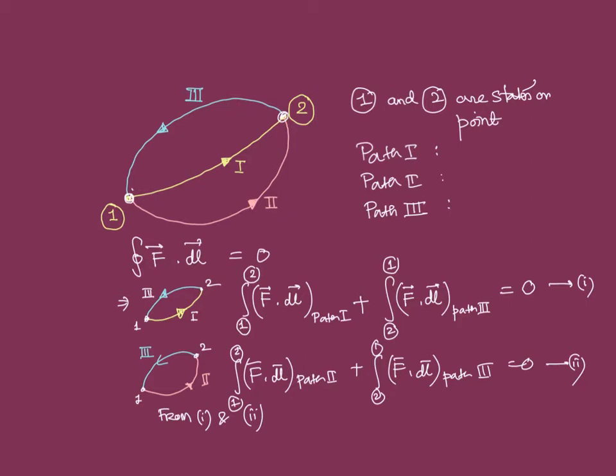So from this we can conclude that the integral from 1 to 2 of F dot dl via path 1 is equal to the integral from 1 to 2 of F dot dl via path 2.